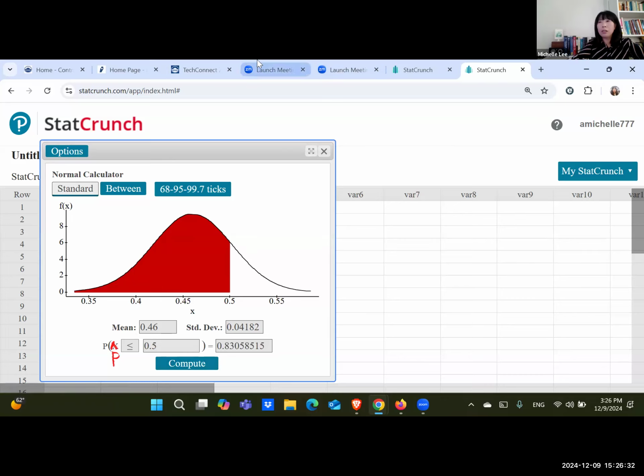They don't say any decimal places, so we just copy and paste. Yeah, so copy and paste. All right. Copy and paste here.